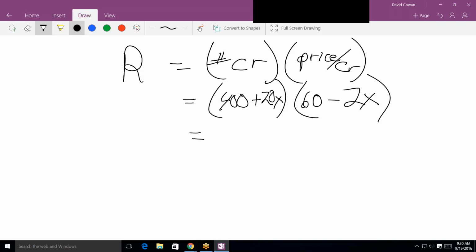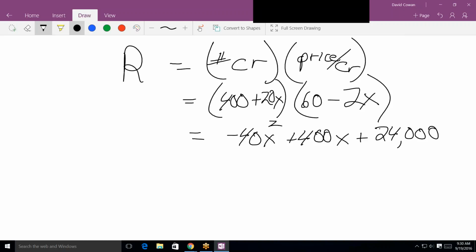So let's multiply it out. We got minus 40x squared. See, we got plus 1200x minus 800x, that's plus 400x, plus 24,000.